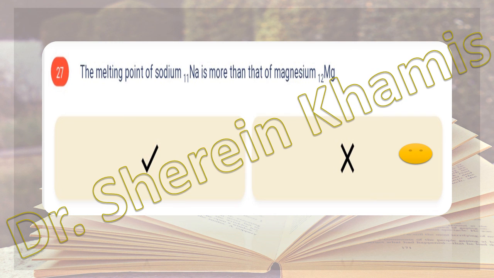Okay, we said that there is a difference between the element in nature and by forming a chemical bond like ionic bond between them. This is the last question of our group of questions today.